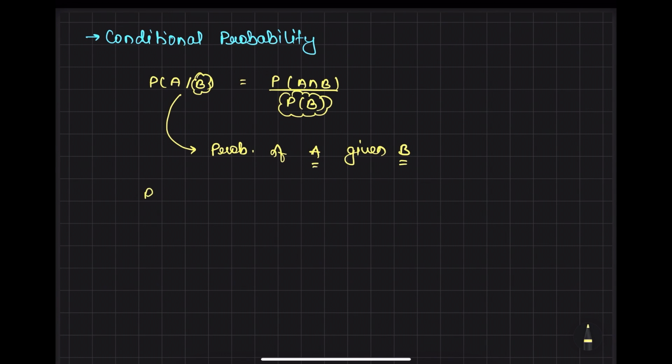So if I ask you what is probability of B given A, in the numerator you will write probability of A intersection B, but in the denominator you will write P of A. I hope the idea is clear.